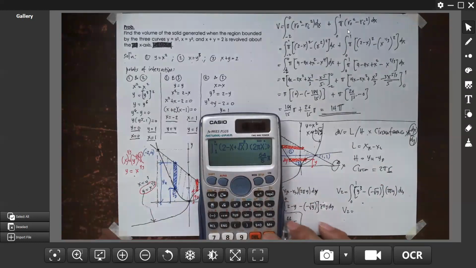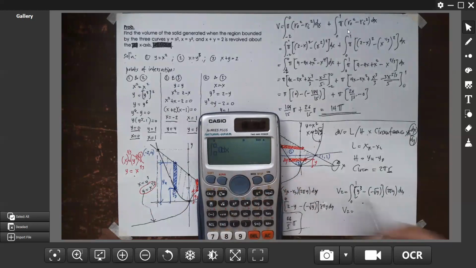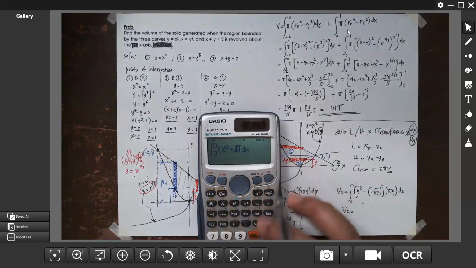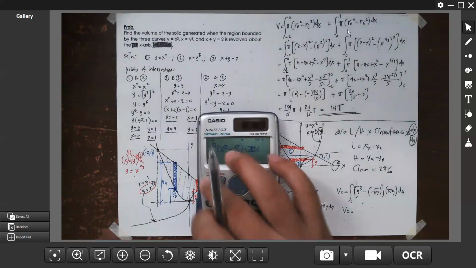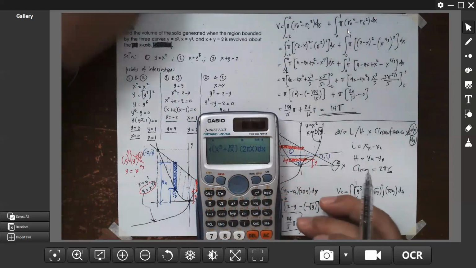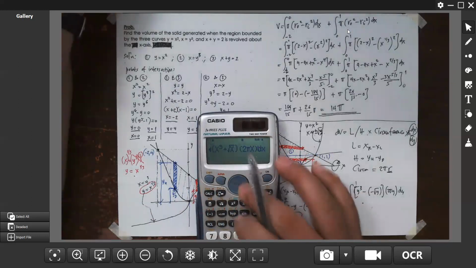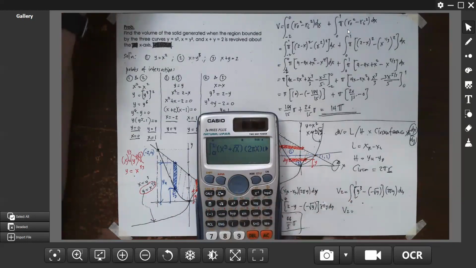So this is V1. Okay, let's solve for V2. V2 is integral of x cube, plus square root of x, times 2 pi x dx, from 0 to 1. It's 3.7699110077.